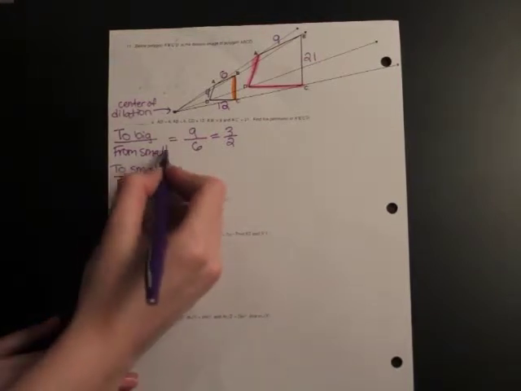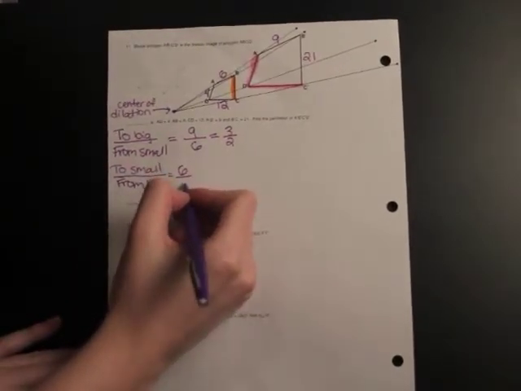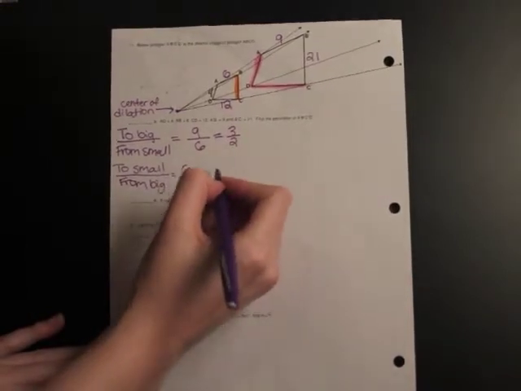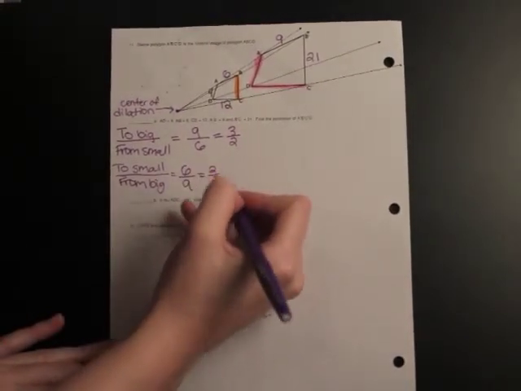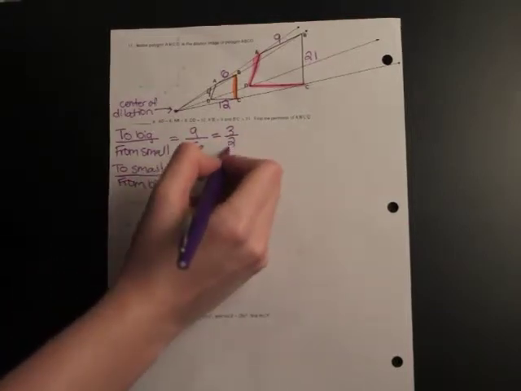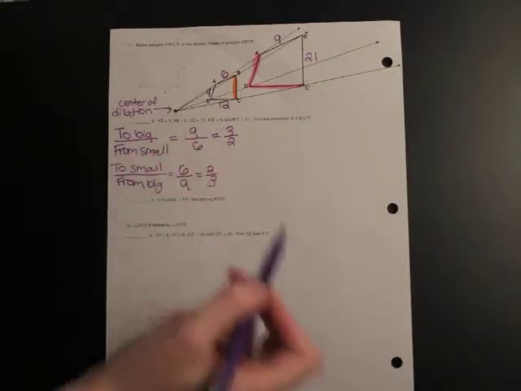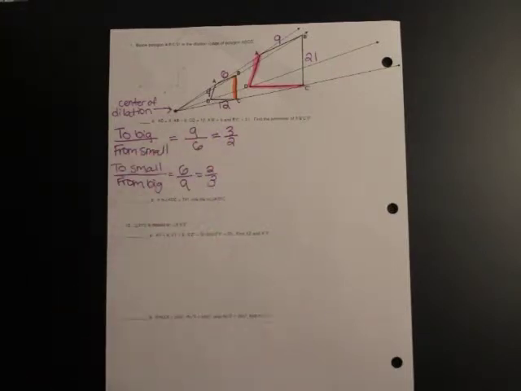So small matches up with 6, so 6 is on top. Big matches up with 9. Simplify that, 2/3. So you guys can see that these two scale factors really just flip when they go back and forth. It starts off as 3 over 2, it becomes 2 over 3.